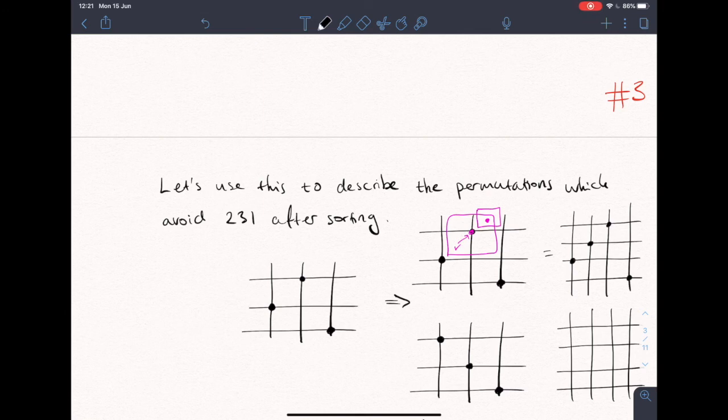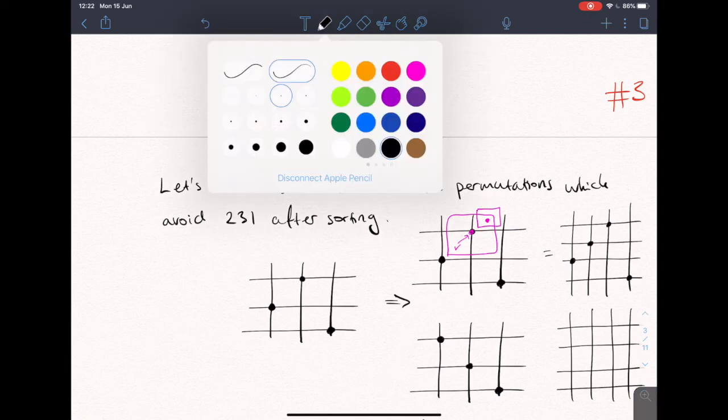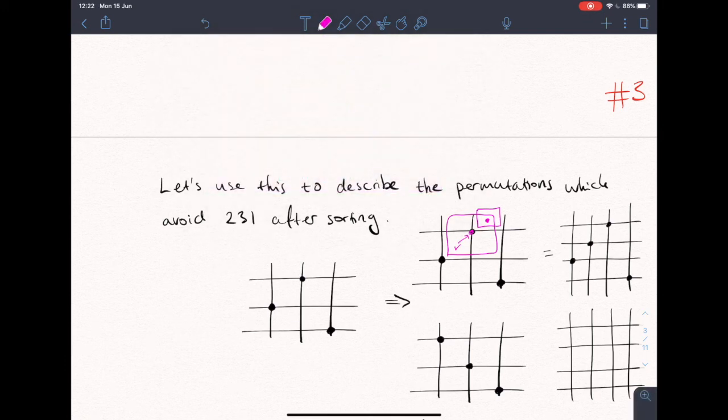Looking at the second candidate 3, 2, 1, we need to make sure that these 2 elements stay as an inversion. So we need a point in this box. We also need these two elements to stay as an inversion. So we need a point in this box.